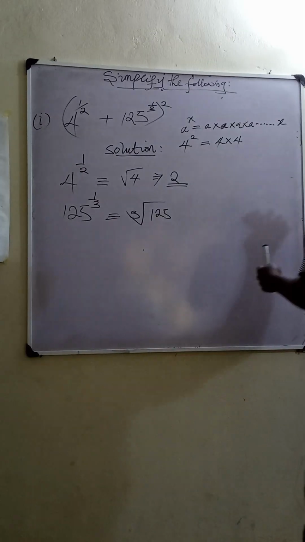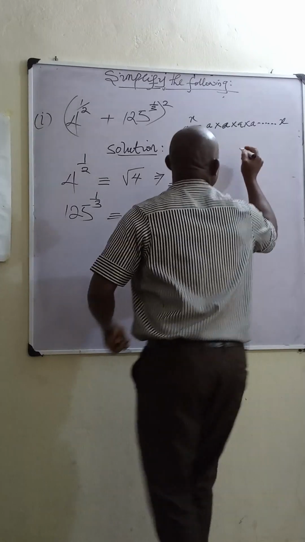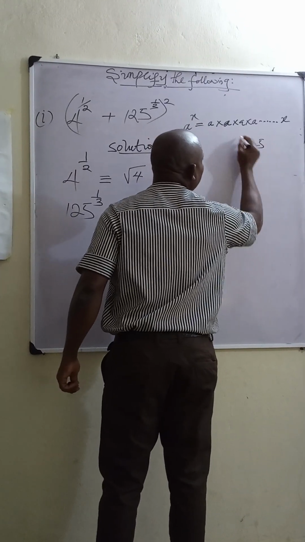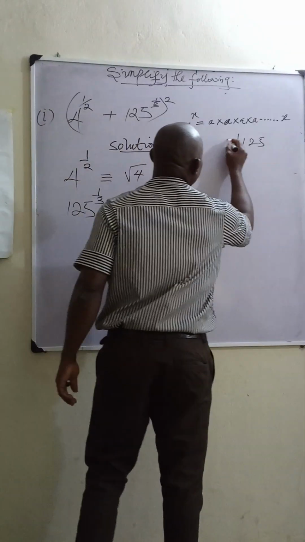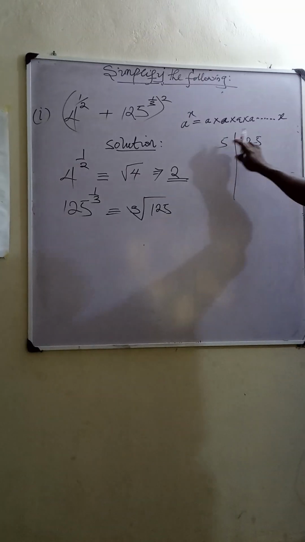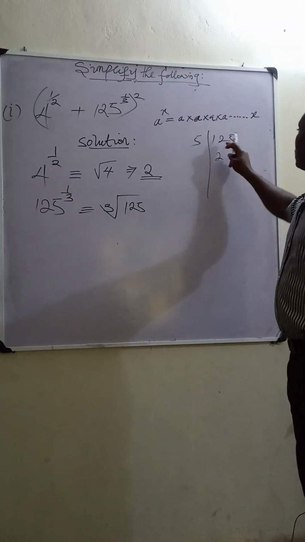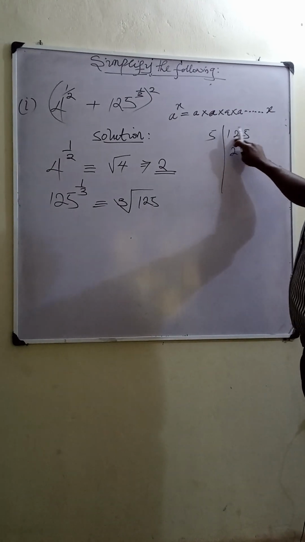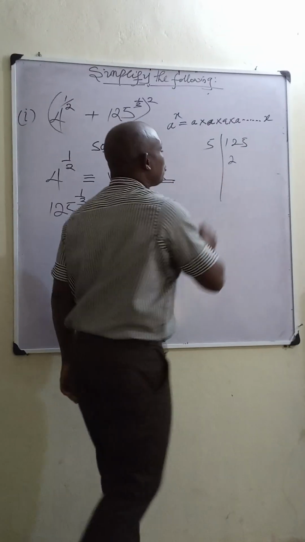In order not to trouble ourselves, we can easily use this method. Write 125. What are the factors? Let's use 5. 5 divided into 12 is 2; you cannot divide 1, but you can divide 12. That is 10, and it remains 2.